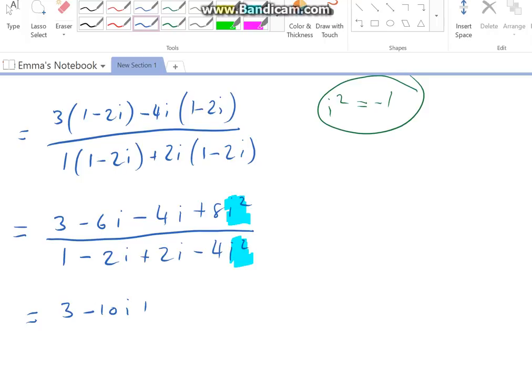So we just talk through it. On the bottom line, what you're going to have is 1. So your minus 2i and your plus 2i, well, they can just cross each other out because that's going to give you 0i. And then you have minus 4. And instead of the i squared, you're going to sub in, in brackets, minus 1.